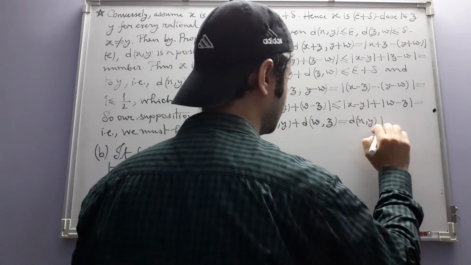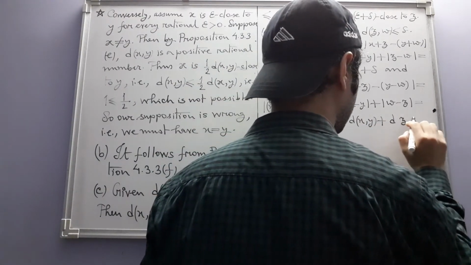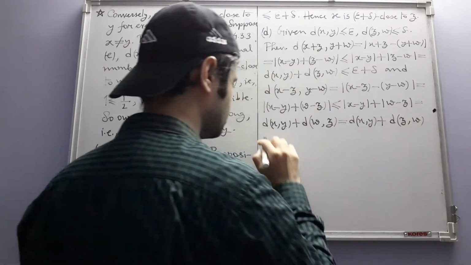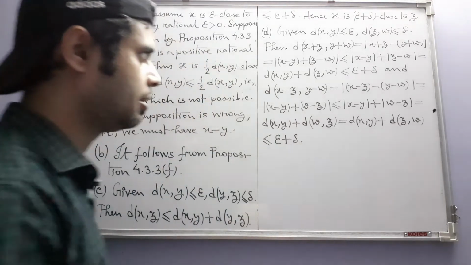But from symmetry of distance, this is equal to this, which is less than or equal to epsilon plus delta.